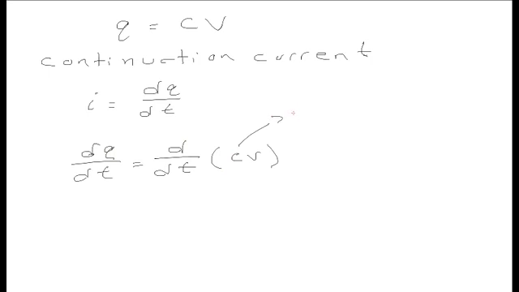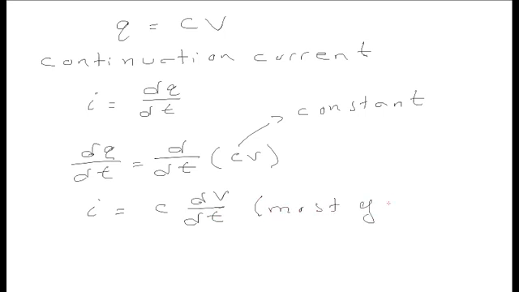Almost always, capacitance is constant. There are very few devices in which we have variable capacitors that change while we're analyzing them, but they do exist. Therefore, the current is actually C dV by dt most of the time. And again, it is possible to have a variable capacitor, but normally we don't consider them.